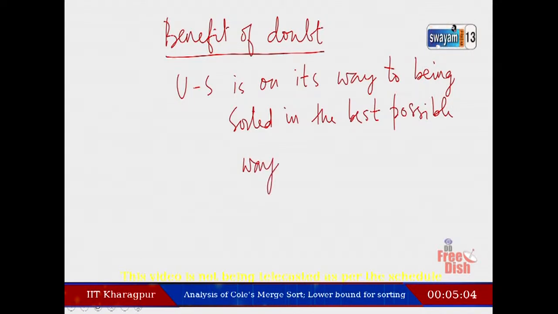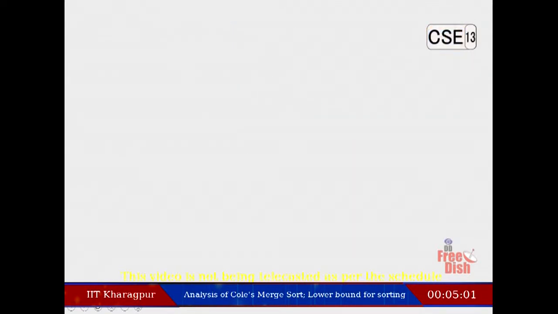So, with these assumptions, we are now able to write a recurrence relation.